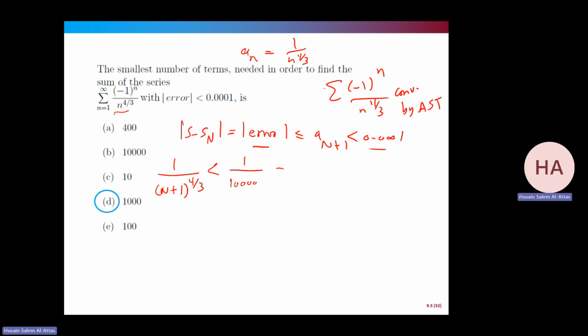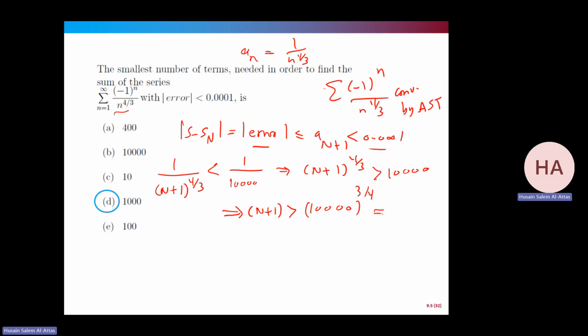Okay. So that means n plus 1 to the power 4 over 3 greater than 10,000. I want this. That means n plus 1 should be greater than 10,000 to the power 3 over 4. 10,000 is 10 to the power 4, so with 1 over 4 cancel.